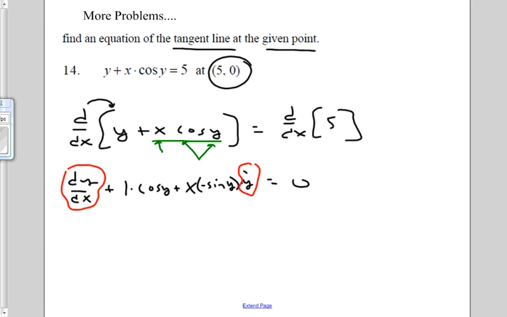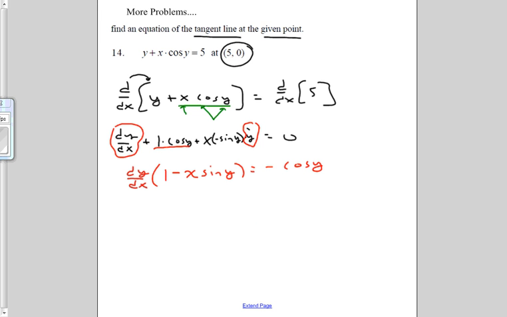So let's factor out a y prime as well as moving this to the other side, and we get dy dx times 1 minus x sine of y equals negative cos of y. So dy dx equals negative cos of y all over 1 minus x sine of y.